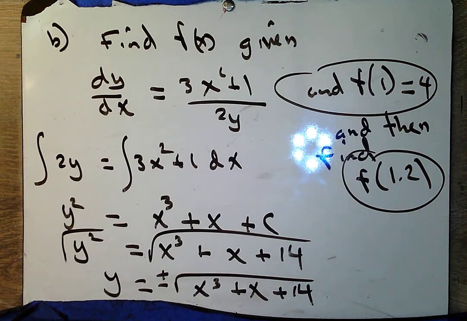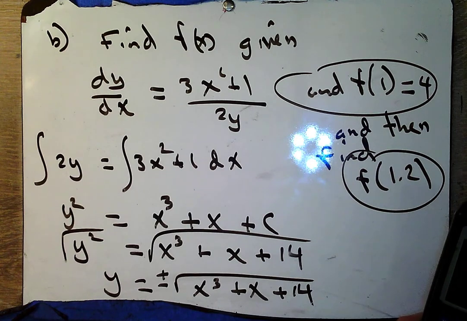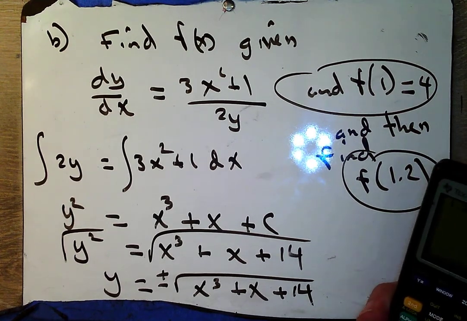Yeah, not without a calculator, I'm not, because I'm taking 1.2 and cubing it. Sorry. No, not without a calculator. So, 1.2 to the third plus 1.2 plus 14. Let's try that again. 1.2 to the third.